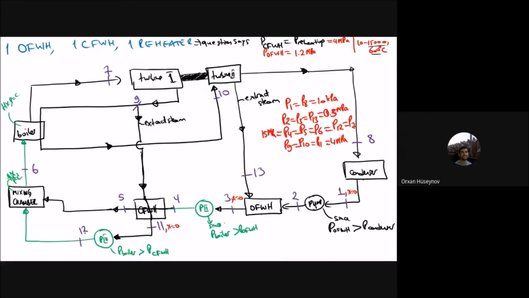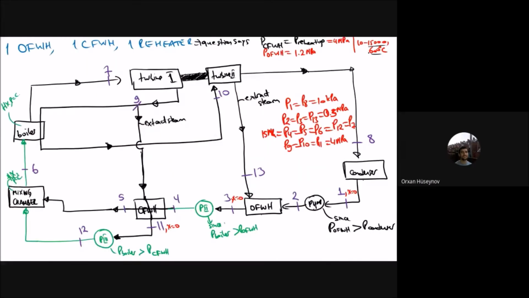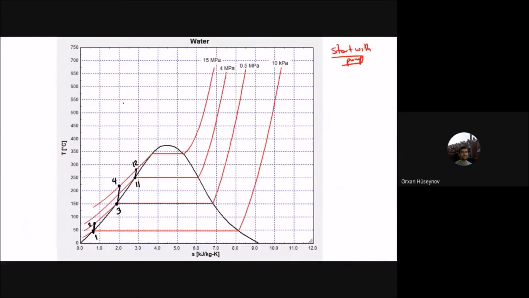And then from point 12, you have the constant pressure, so from the 12 to 6, and then to 7. 7 is the maximum pressure and the maximum temperature, and if I write it, that 7 will be at 600 degrees and 15 megapascal.